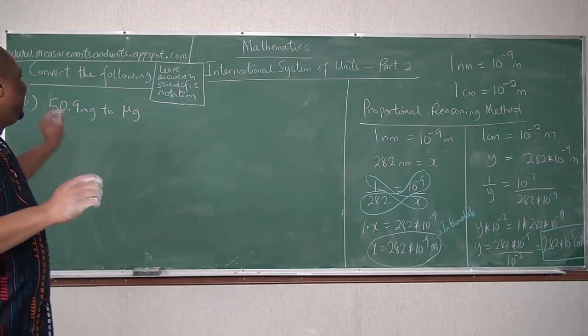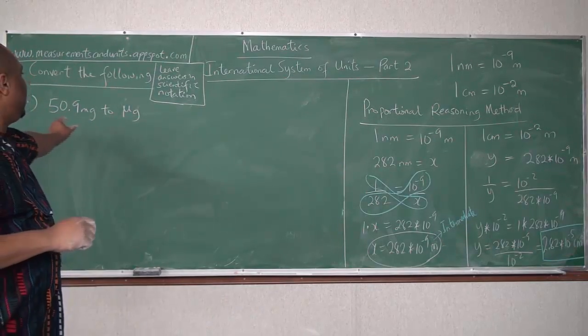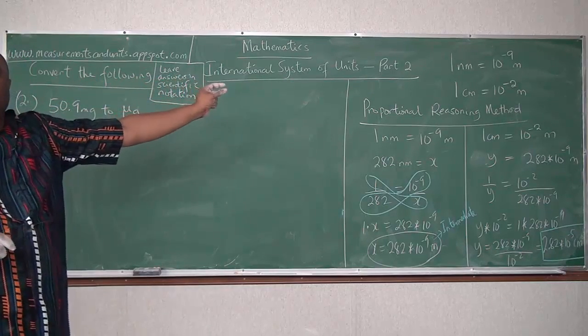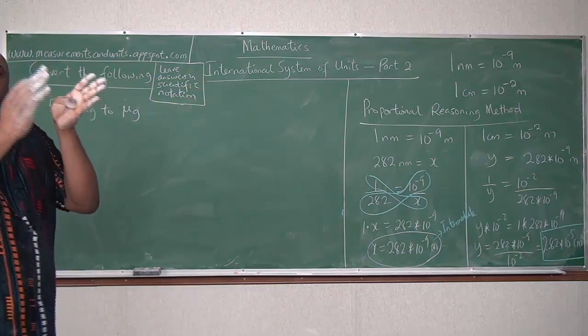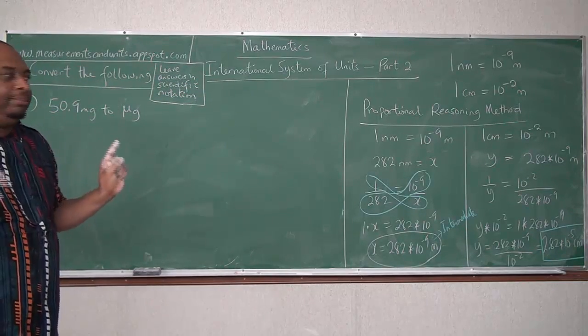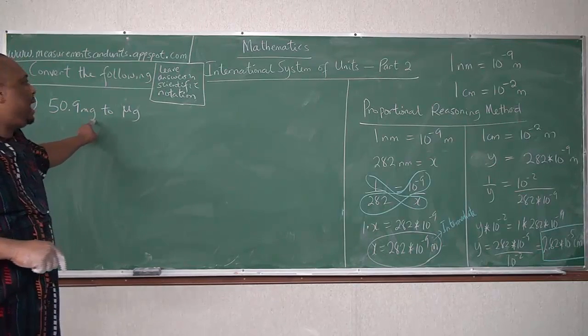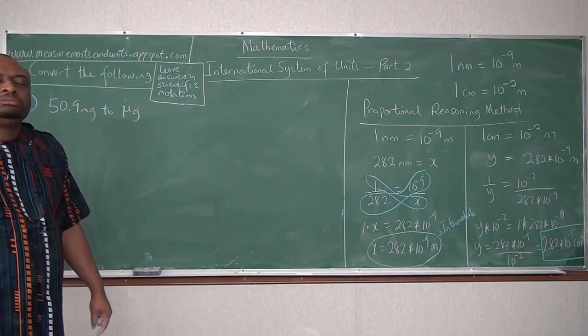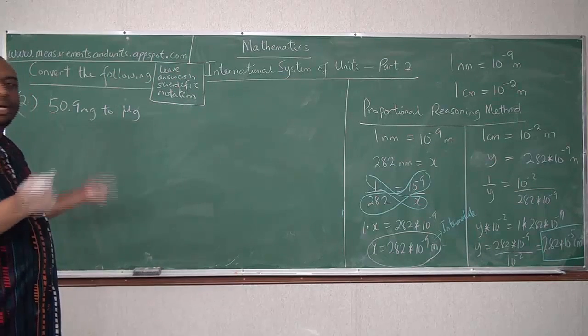Now, I hope you know that the nice thing about the international system of units is for you to know the prefix. If you know the prefix, no problem. The units like gram, meter, Faraday, Newton, all the units, it doesn't matter.